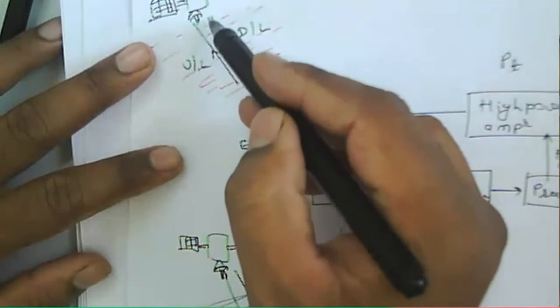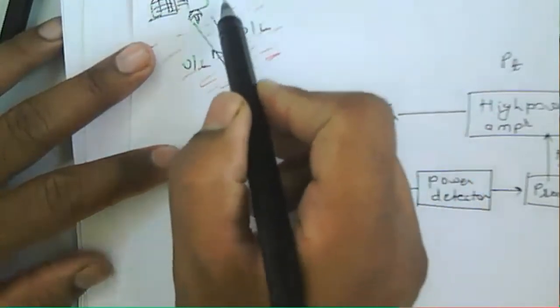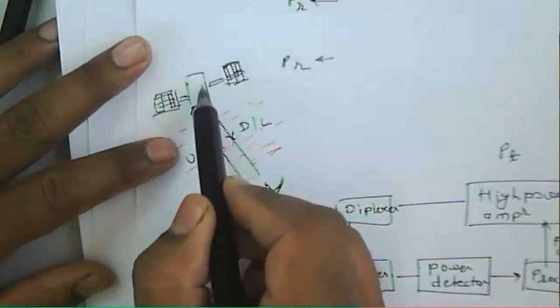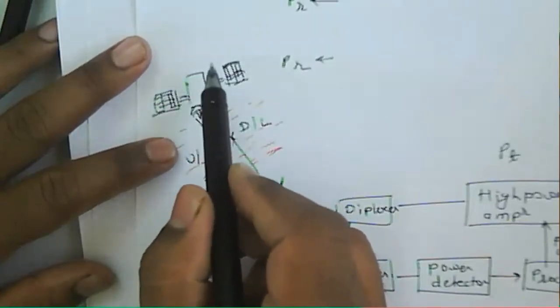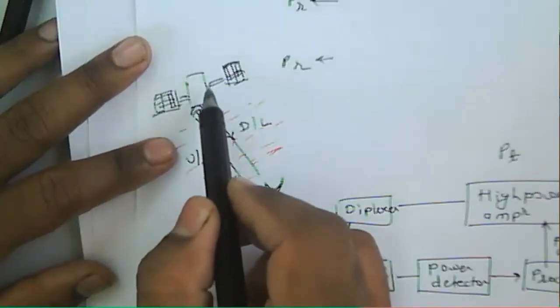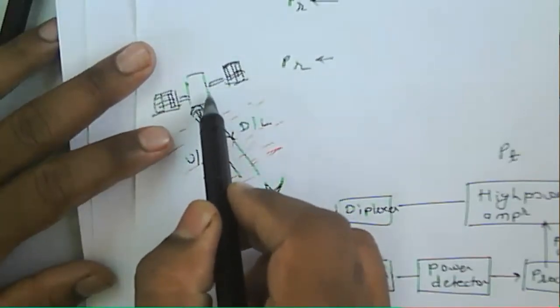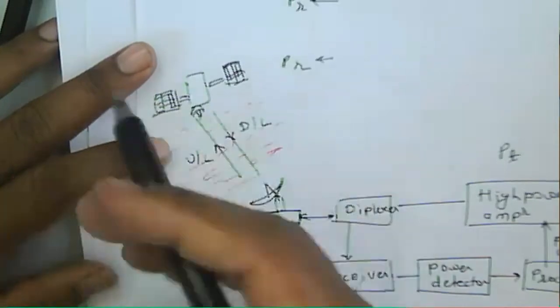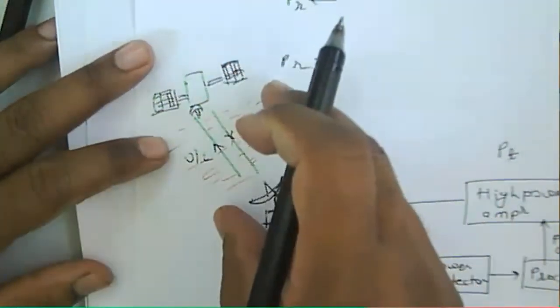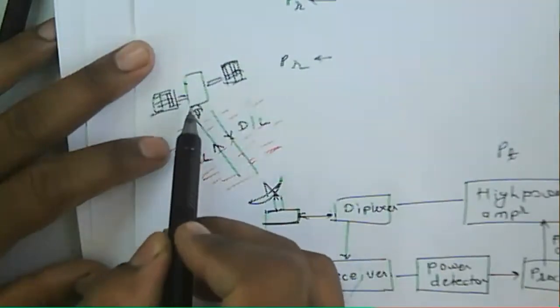Whatever transponder is present in the satellite is to be operated in a multi-mode, and it may be switched between two different values, low power and high power. Whenever rain attenuation occurs, the transponder is to generate the high power.